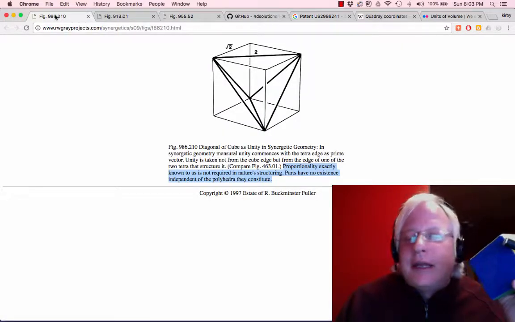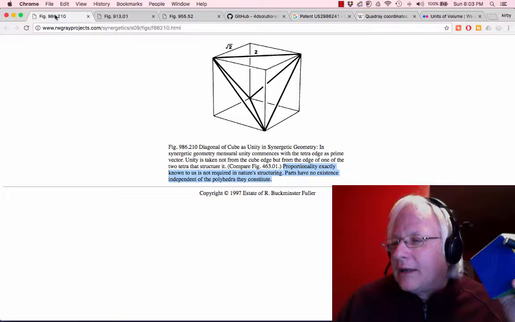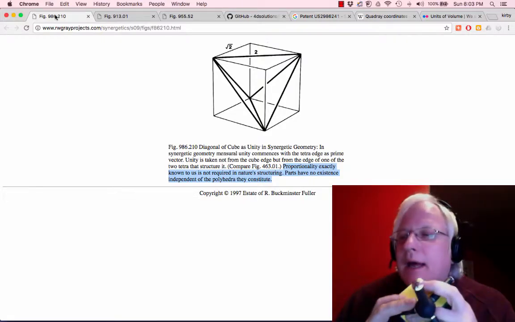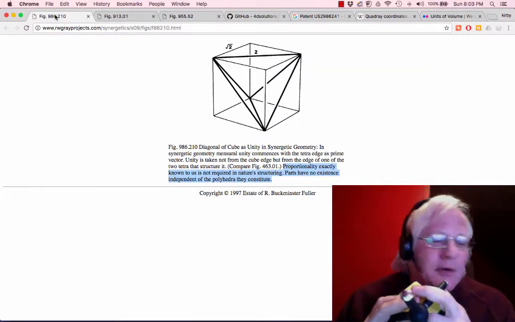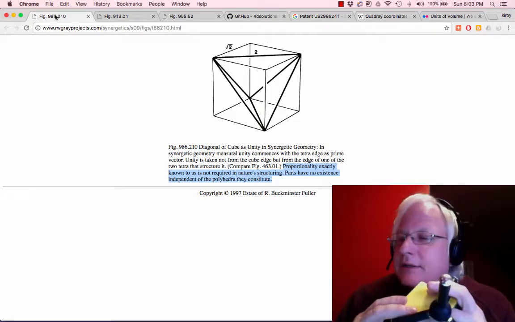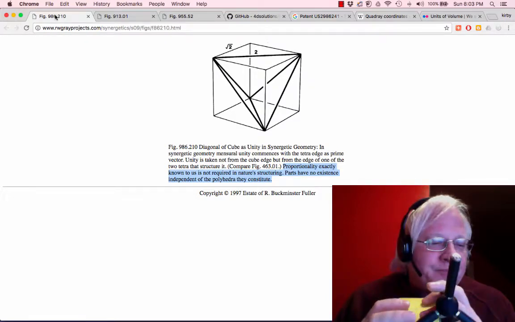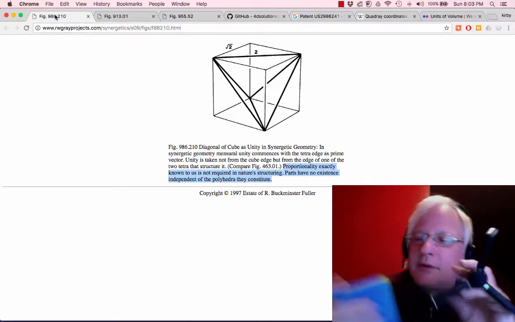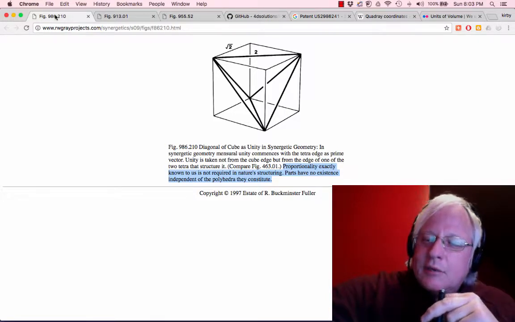Fuller is probably famous for saying nature is not using pi. And what does he mean by that? Or phi, or any of these numbers with unresolved decimal expansions. Why?